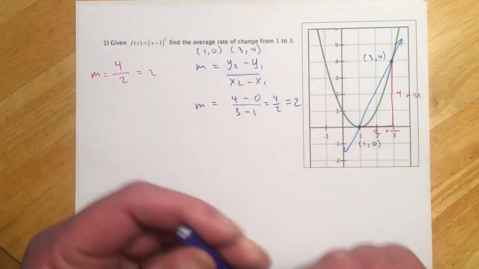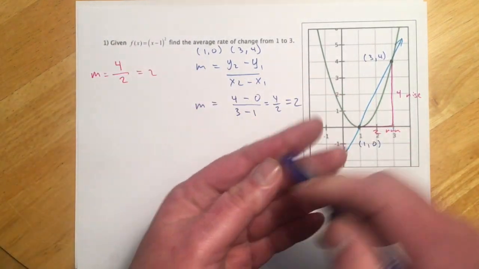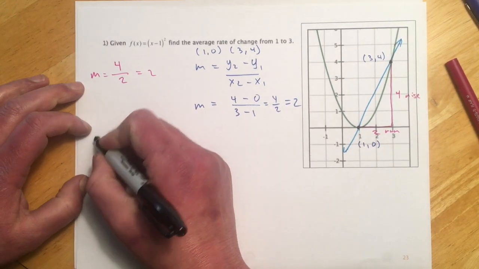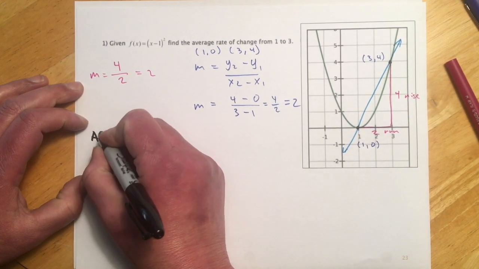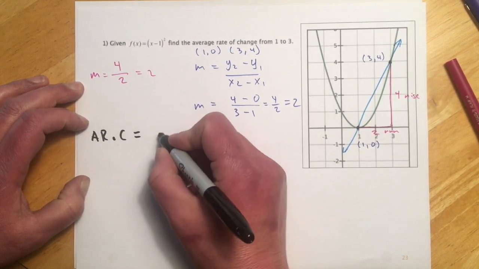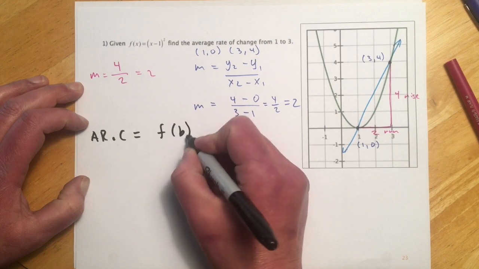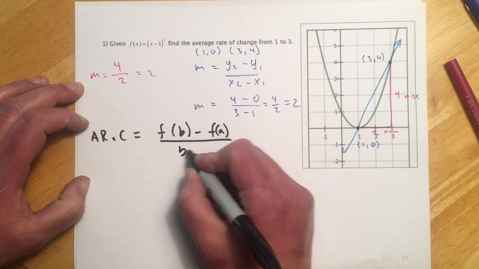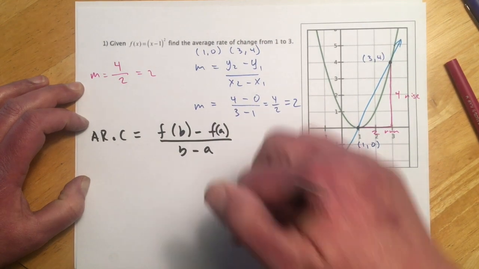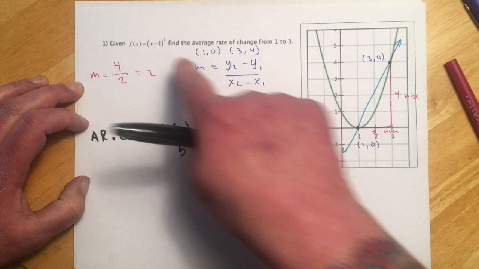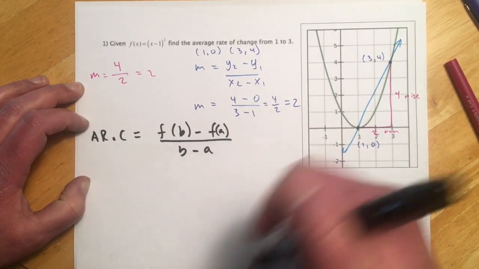So now, find the average rate of change from 1 to 3. Our formula for average rate of change, and I'm just going to abbreviate that because it's way too much to write, is f of b minus f of a over b minus a. And this function, that's that green line, and what we're trying to do is essentially apply that math to it.